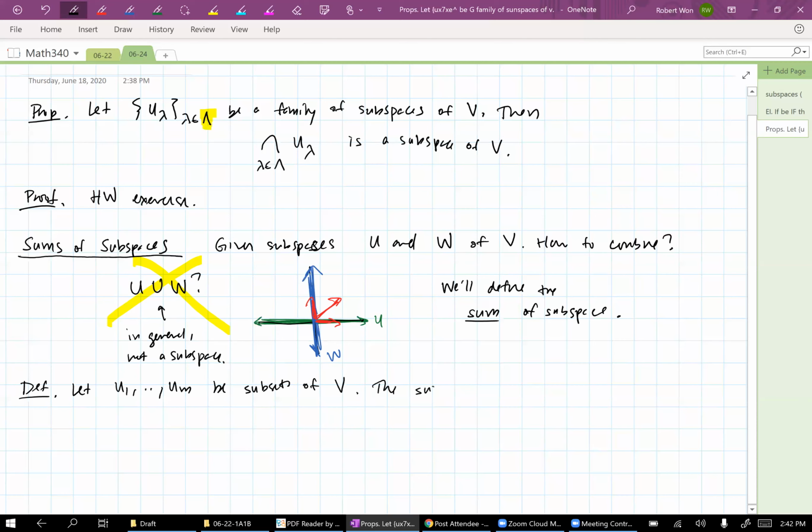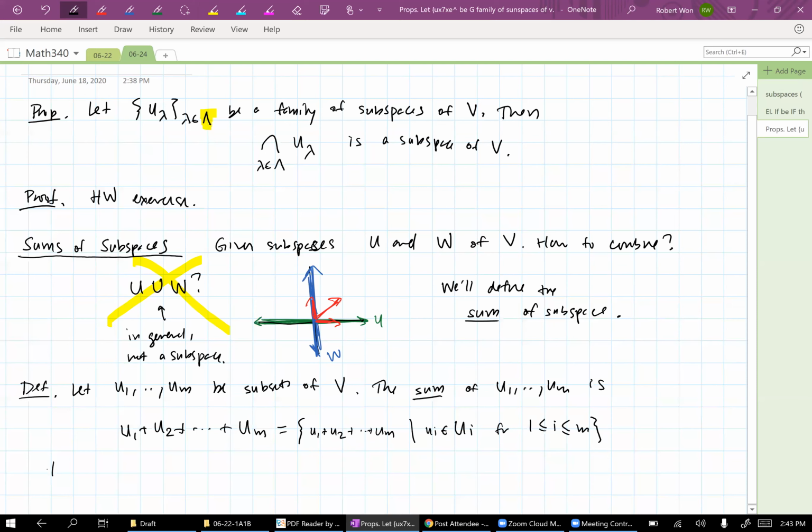Okay, now the sum of U1 up through UM is defined to be the following. The notation is just you take these subsets and you put plus signs in between all of them. So this is the notation. What is this set? This set is a set of all possible sums, little u1 up through little um, where ui is in big Ui for i between 1 and m.